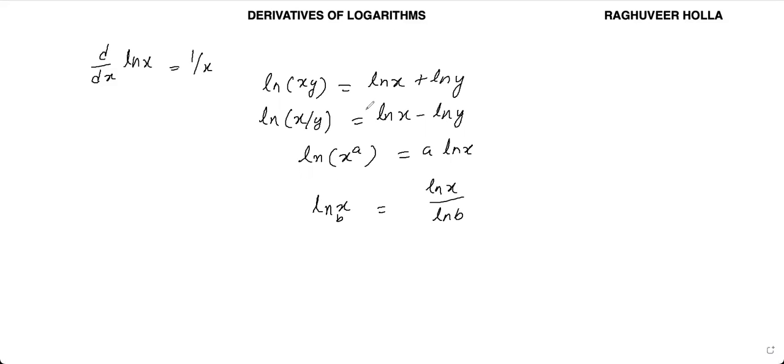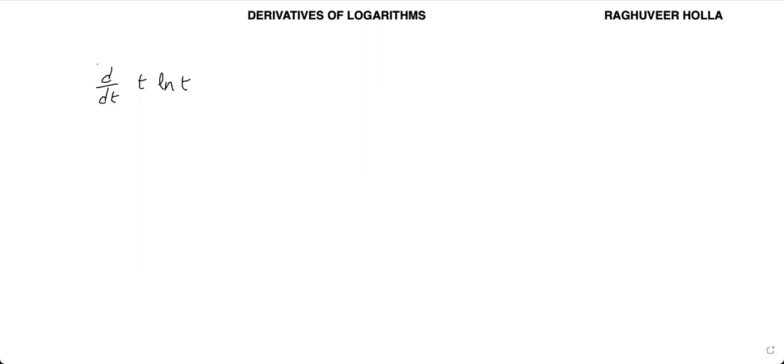Now let us try to solve few problems on this. Now let us perform the derivative with respect to t. Okay, so f of t is t, and g of t is ln t.